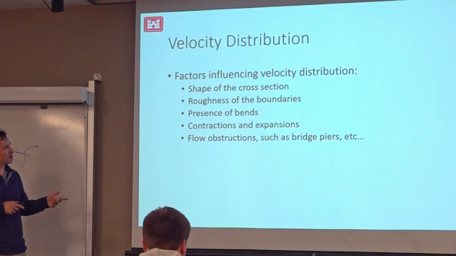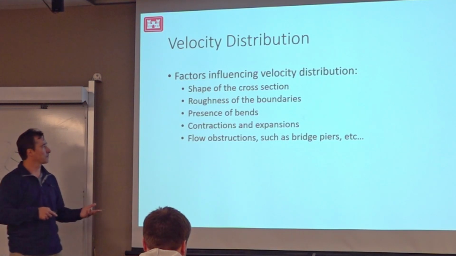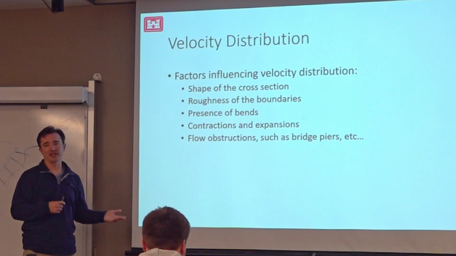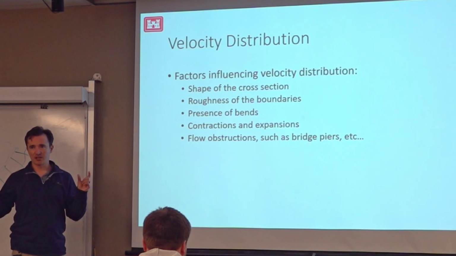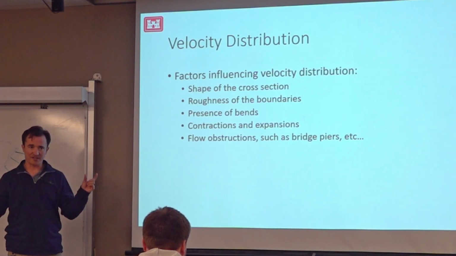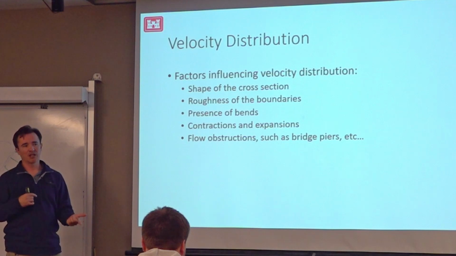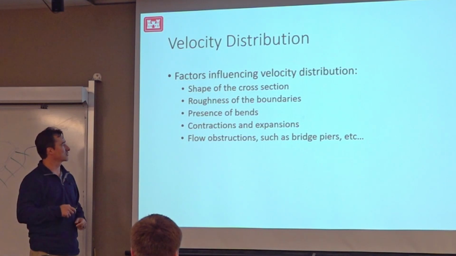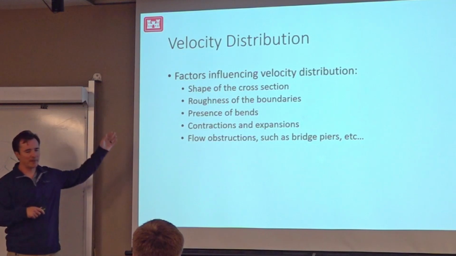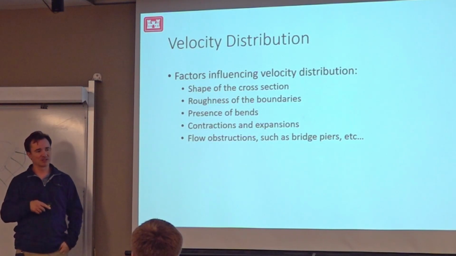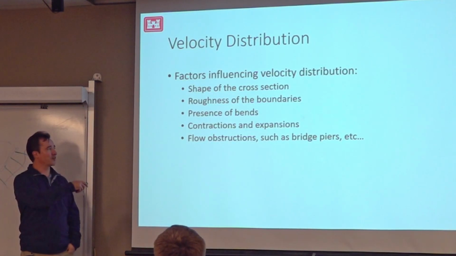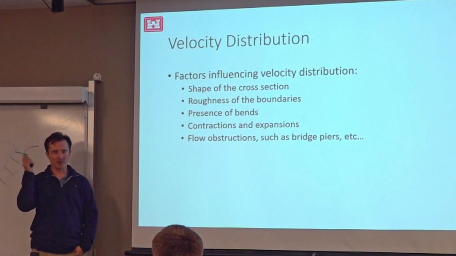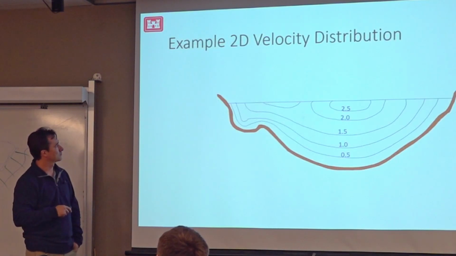The flow distribution is also important for other things, because computing a reach length is flow weighted. So a different velocity distribution over a cross section is going to lead to a different reach length between cross sections. And we'll talk about some of the parameters that we compute as a function of the flow distribution during this talk and throughout the week. So it's important.